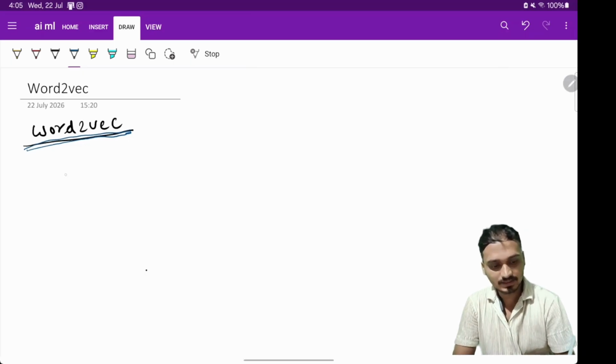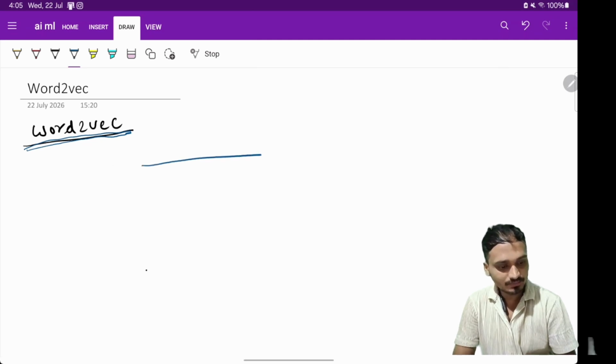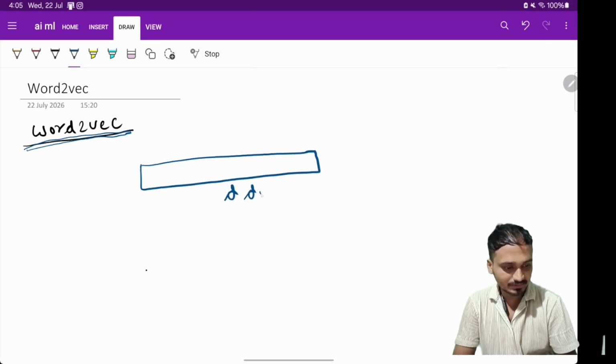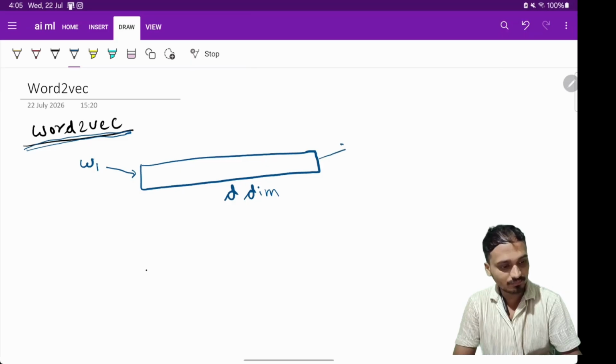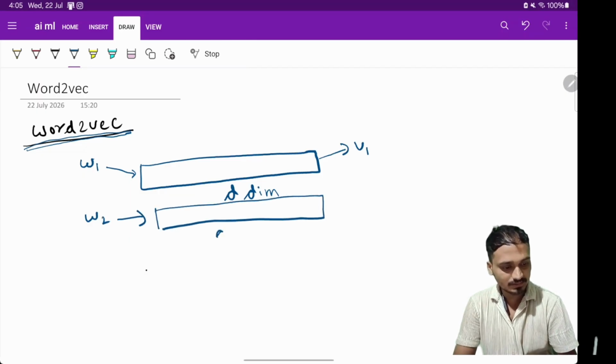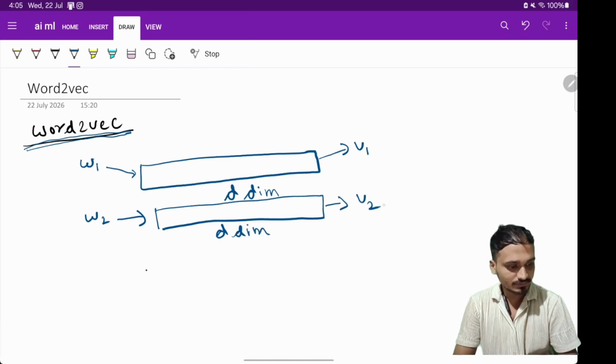Let's say W1 is represented in D dimension, and this will be our V1. Let's say we have W2, also with D dimension, and here we will have V2.